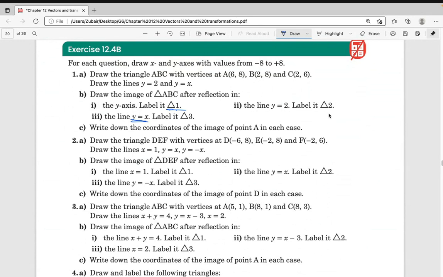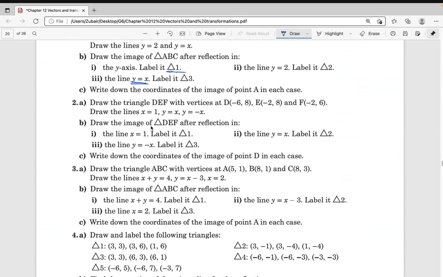Okay. The remaining question is correct.